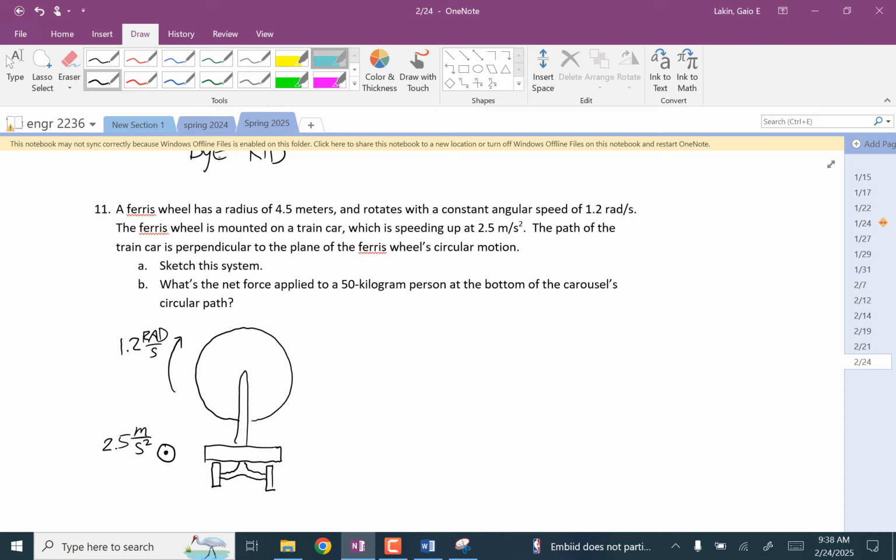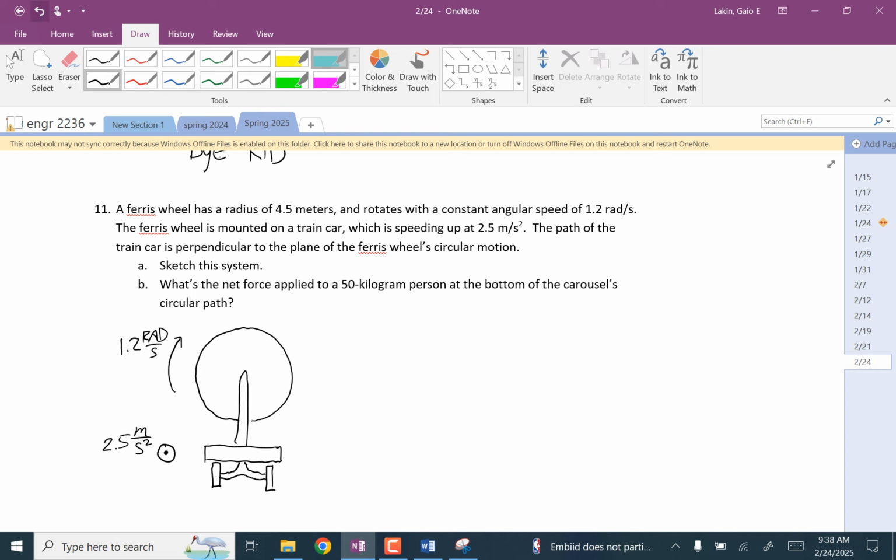It's always helpful to try to make these kind of connections. So forget about the spinning thing. Just think about the train car for now. So I have its acceleration coming out of the page. It says that the train car is speeding up. So velocity and acceleration have to be in the same direction if it's speeding up. If it's slowing down, they're in opposite directions.